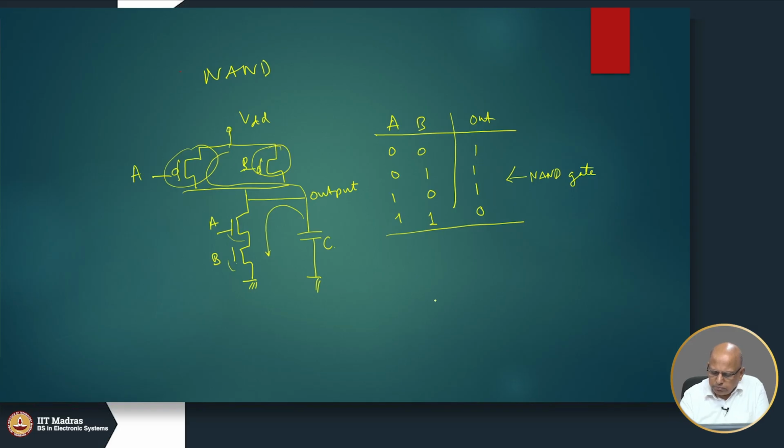So, if you look at the transistor a little bit more closely, there is an oxide layer and then there is polysilicon. This is your gate.